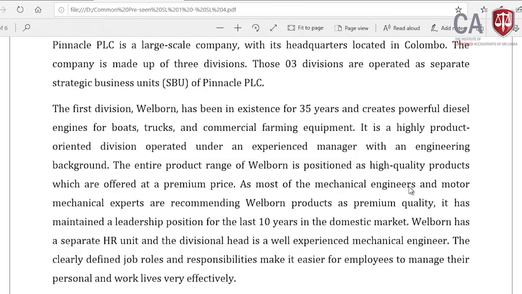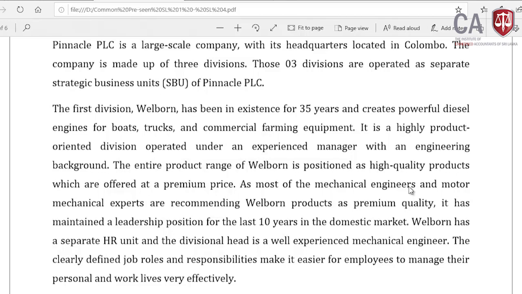They focused on the differentiation strategy according to Michael Porter. What they try to do is to offer high quality products to the marketplace, which are offered at a premium price, as most of the mechanical engineers and motor mechanical experts recommend Wellborn products as premium quality.